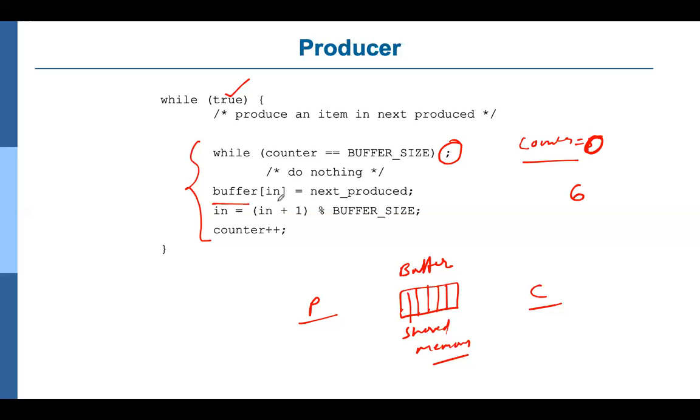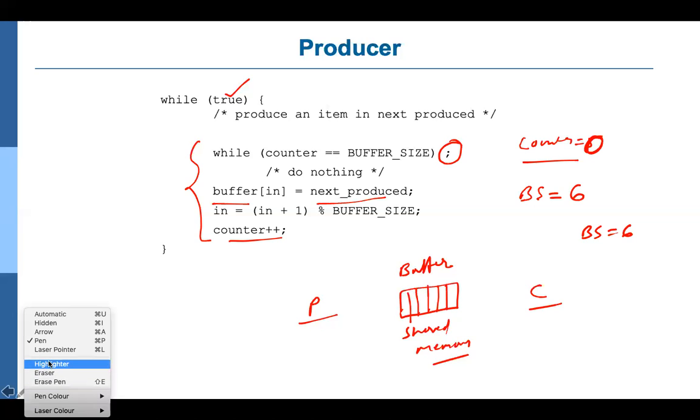Whenever I write something into the buffer, I'll increase the counter value also. So this is my buffer size which is given. Let's say the buffer size is 6.